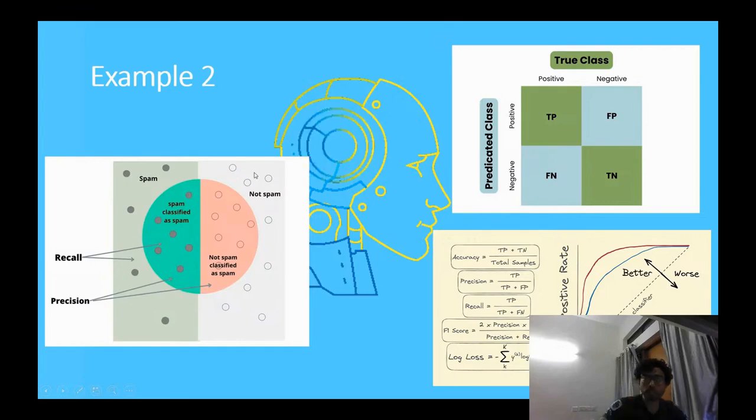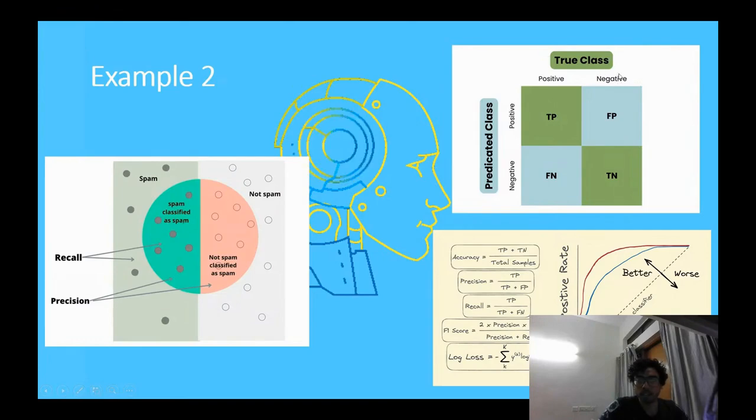Okay. So again, if you see from this chart, the true class is positive. By positive I mean spam. If they are truly spam and your predicted class is spam, then it is a true positive, the green region.